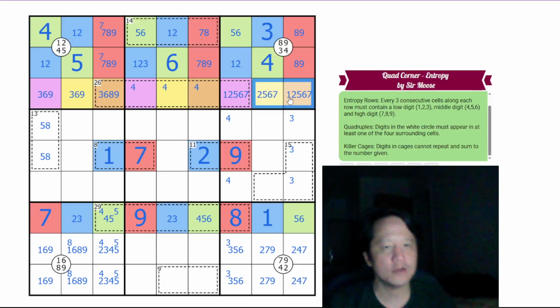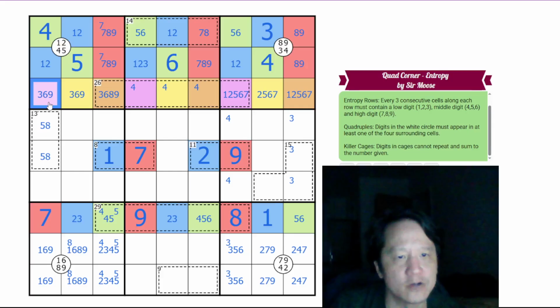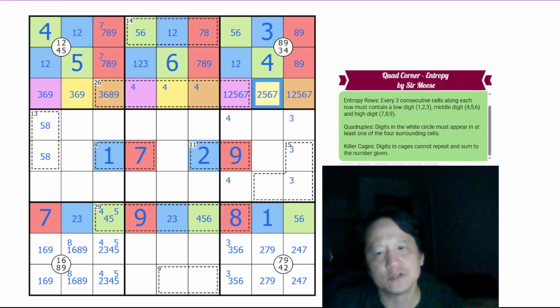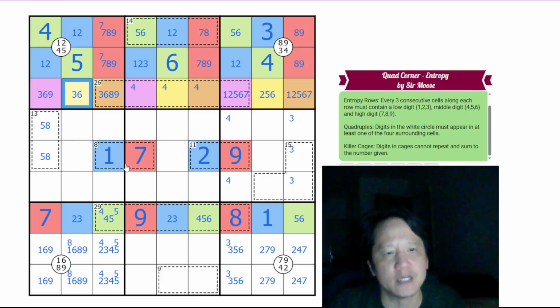So no, you cannot have 2 highs here on the outside. So yellow cannot be high. So yellow is medium or low. So this cannot be 7 and this can't be 9.